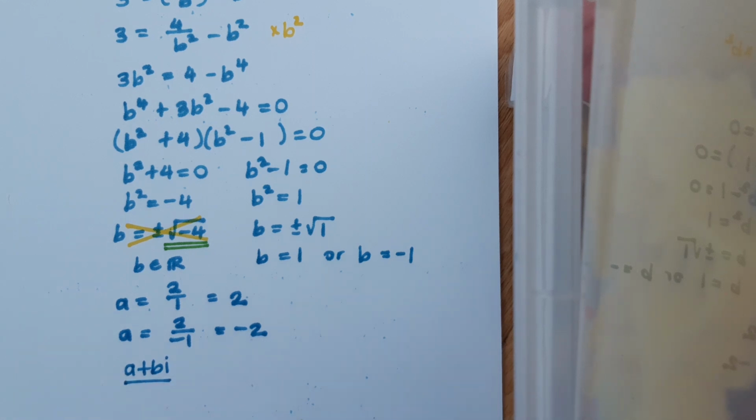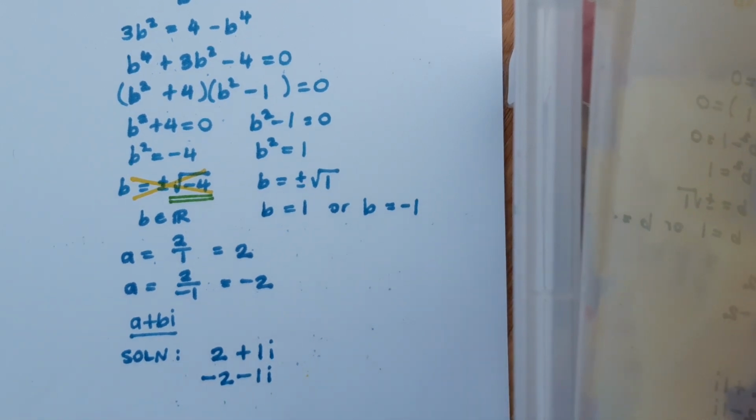So that just means combining my a's and my b's correctly. So my solutions at the end are going to be 2 plus 1i, or minus 2 minus 1i. Sorry, I'm falling off the end of the page there. 2 plus 1i, or minus 2 minus 1i.